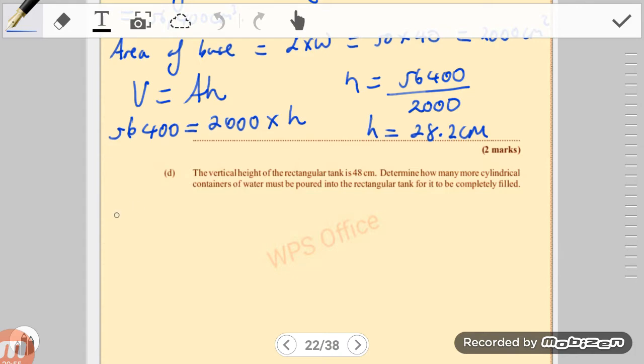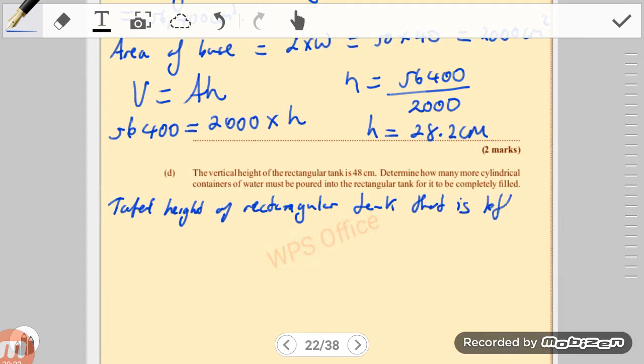So we're going to need to find what amount of height of the tank is left. Alright, so total height of rectangular tank that is left is equal to 48, which is the actual height, minus the current height that is in the tank, that's 28.2.